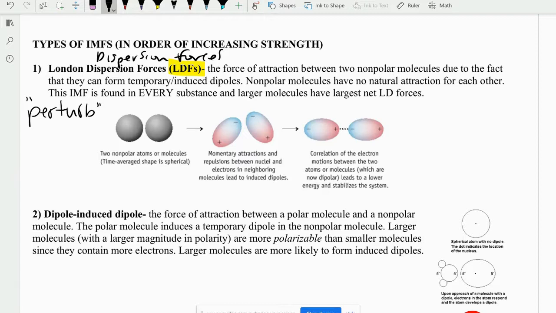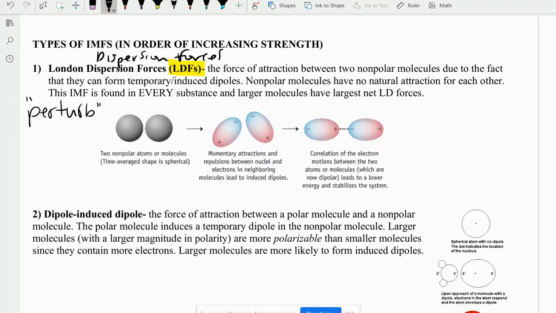After the substance has been disrupted, you're going to get something called a momentary or temporary movement of electrons within those molecules, those nonpolar atoms or nonpolar molecules. And so, again, that's the middle picture that's being indicated here. So some outside force has disrupted the sample to create an imbalance in charge within that molecule.